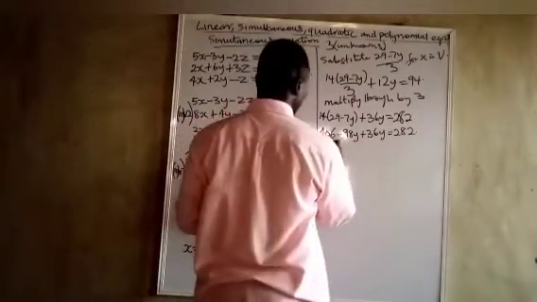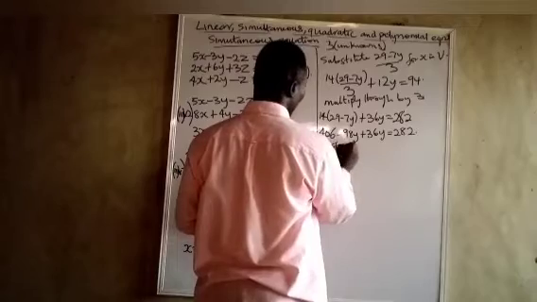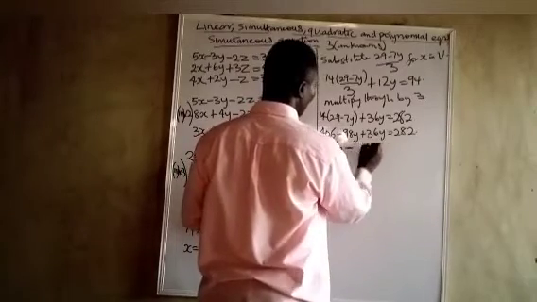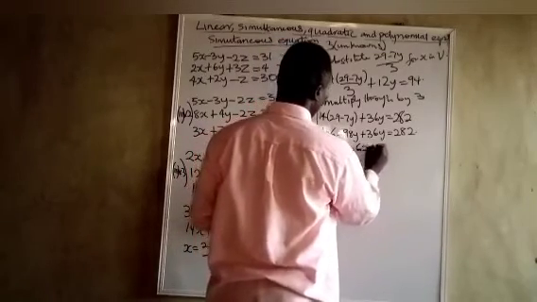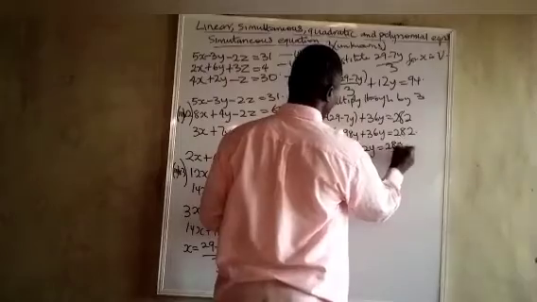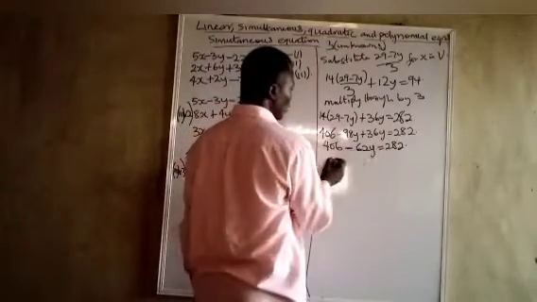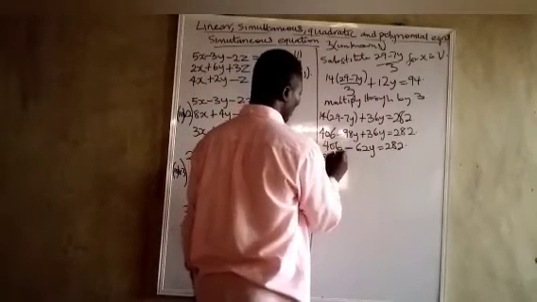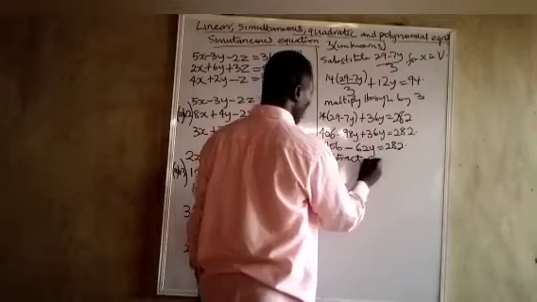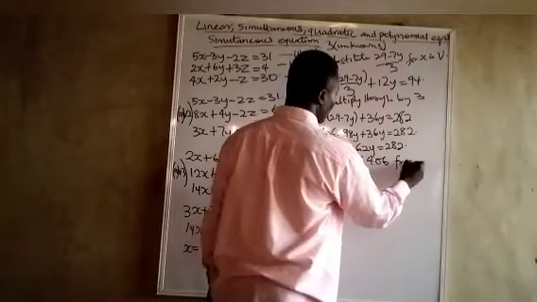Then I can now say this is 406 minus 62y is equal to 282. The next step is to subtract 406 from both sides.